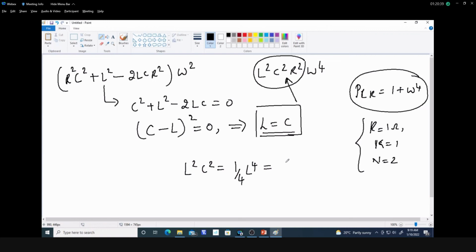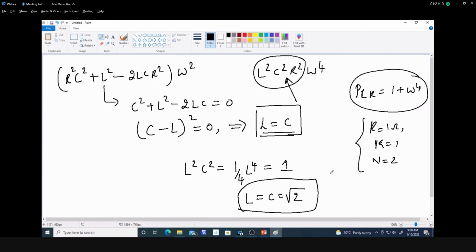That should be equal to unity, because L and C are equivalent here, so L² into L² is nothing but L⁴. The earlier 1/4 factor is there, so 1/4 into L⁴ equated to 1 gives the L and C values equal to the square root of. So this is what you get for the L and C values for this particular n equal to 2 case, that is, filter order n equal to 2.